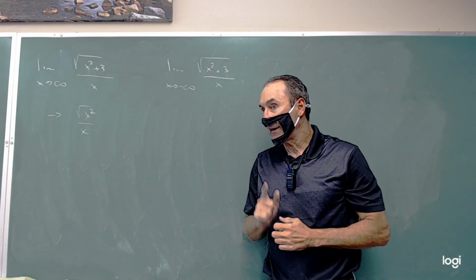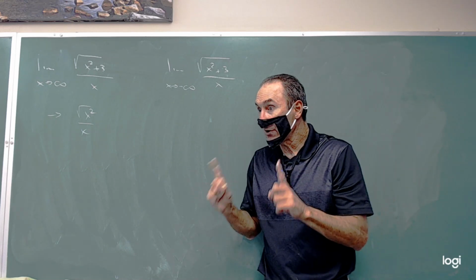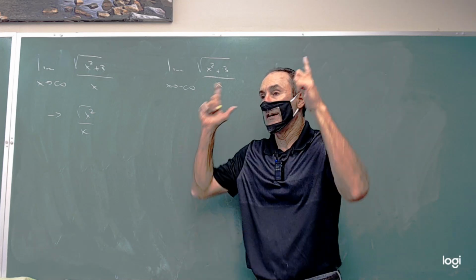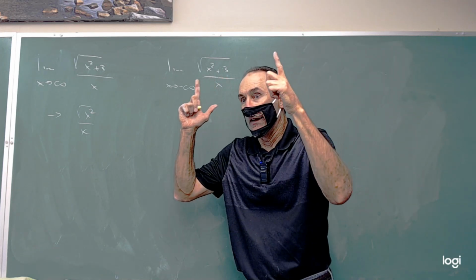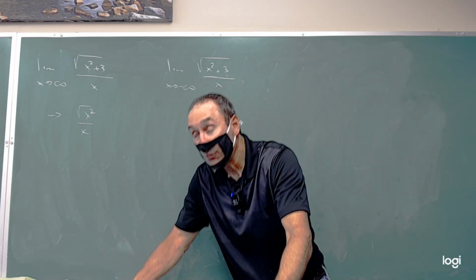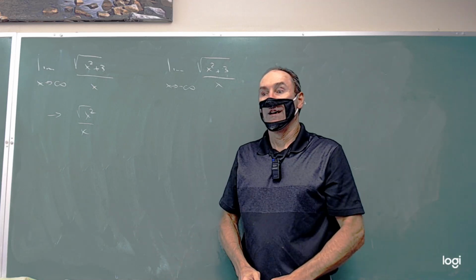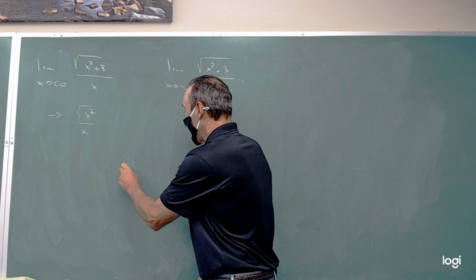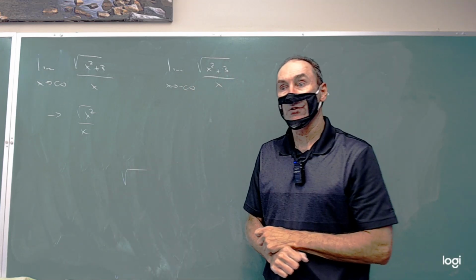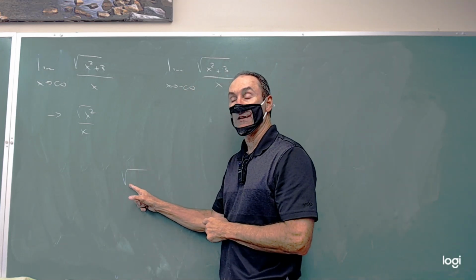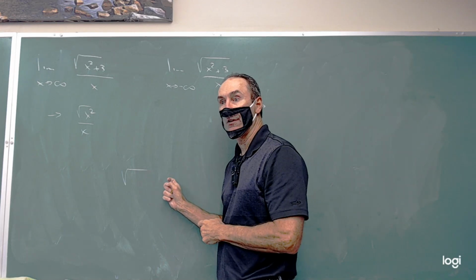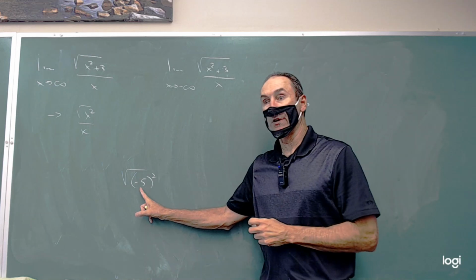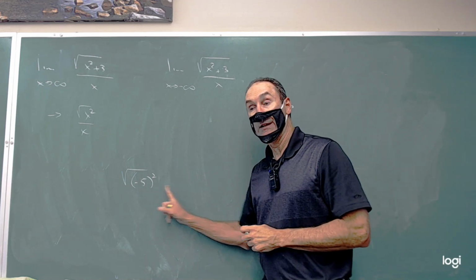Now is where you've got to be careful. Think before you respond. The square root of x squared is equal to not x. What? Not positive or negative x. This symbol means non-negative. So the square root of anything could never be a negative number. Is the square root of x squared equal to x?